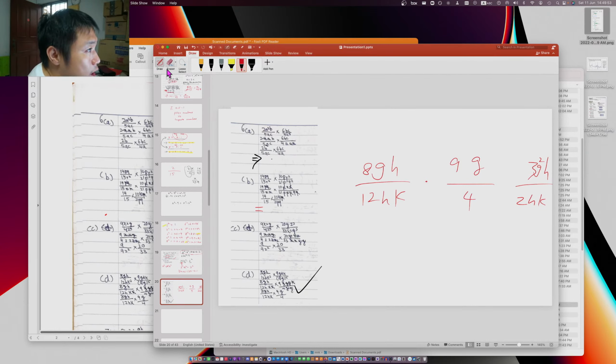Before that, let me check this. The h should be gone. Look at the screen. This one. How do you split the 8? How do you split the 12? 4, 3. How do you split the 9? 3, 3. How do you split the 4? I kept the 4. Okay, very good. So what I see, use the eraser.